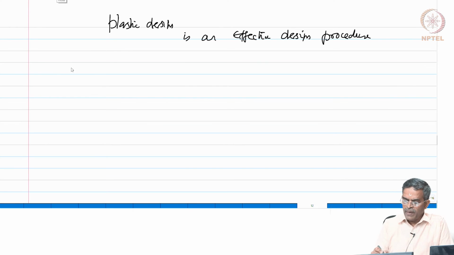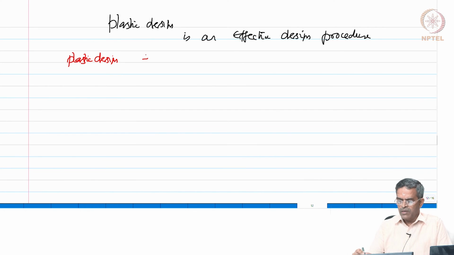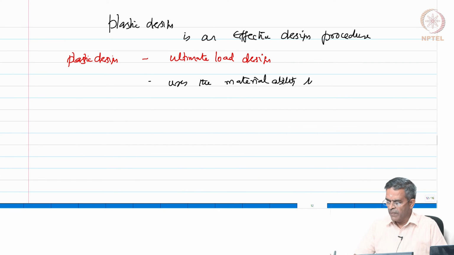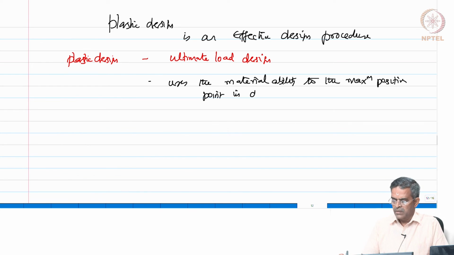Let us quickly compare the plastic design with ultimate load design. The ultimate load design uses the material ability to the maximum, a positive point from the design perspective.